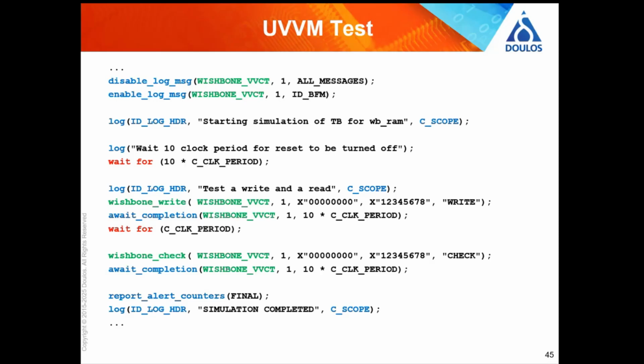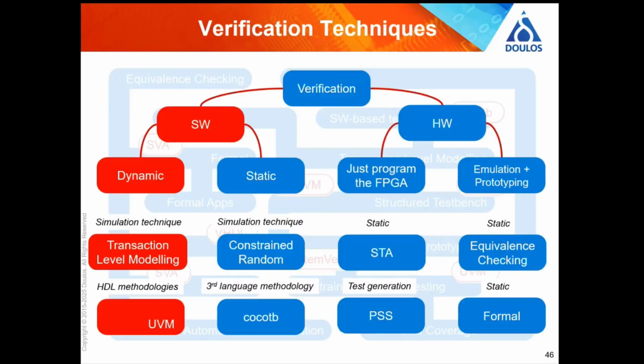And then you can see we're waiting, and then we're doing some kind of read, and then we're outputting stuff to the log file or the transcript window and so on. It's the same stuff again, but the advantage of using a methodology is you don't have to design it yourself from scratch.